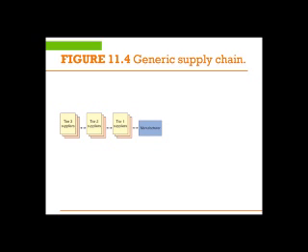Typically then, that item goes to either a distributor or a wholesaler who then sells it, passes it on to a retailer who then goes to a customer. Now, this is a very simple version of a supply chain, and in fact there may not be just 3 tiers of suppliers on the left side of the chart. Some items may go through 5, 6, 10 different vendors until they're going into the finished assembly at my manufacturing plant.